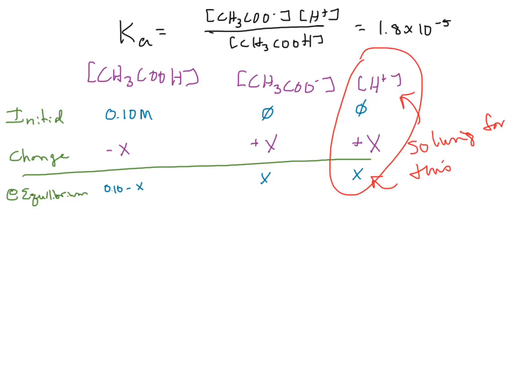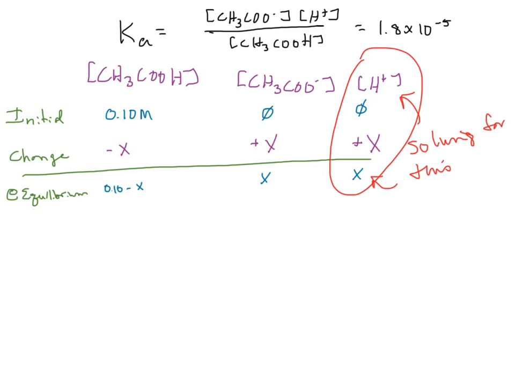We have initial, change, and at equilibrium. The initial concentration of the weak acid is the molarity that was given. The initial concentrations of the things on your product side, the H+ and the CH3COO negative, are zero. We weren't given any equilibrium concentrations.